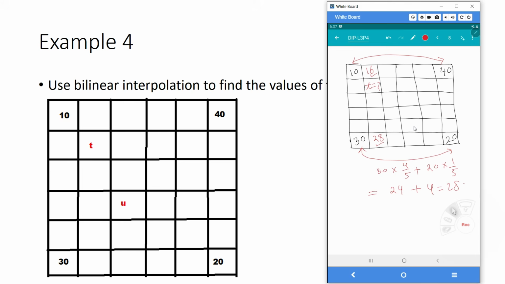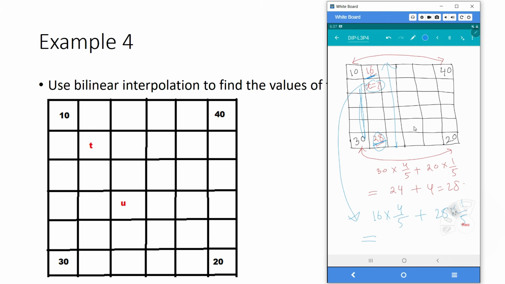Now it is again very simple. We will use this 16 and 28 to find the value for t. Now we will perform the interpolation on the y-axis, right? So how to do that? It is very simple. The value for t is then 16 multiplied by 4 over 5, because this distance from here to here is actually 4 over 5, plus this value 28 multiplied by 1 over 5.